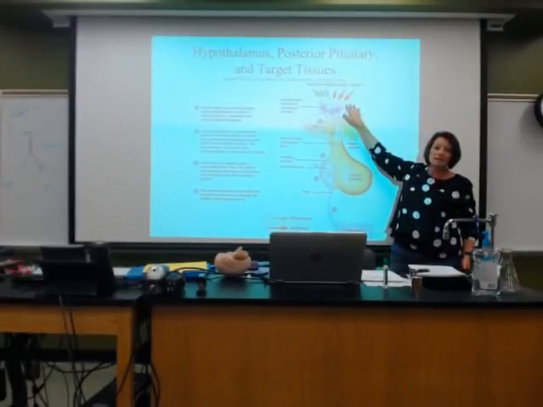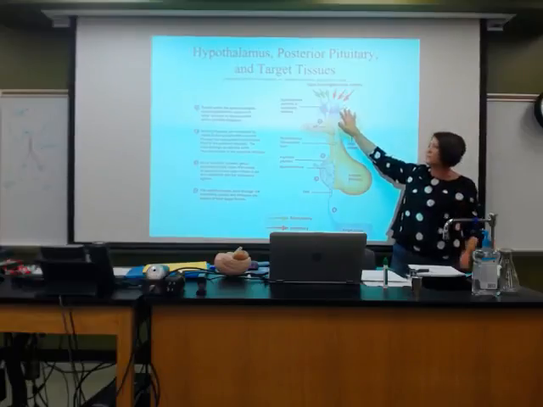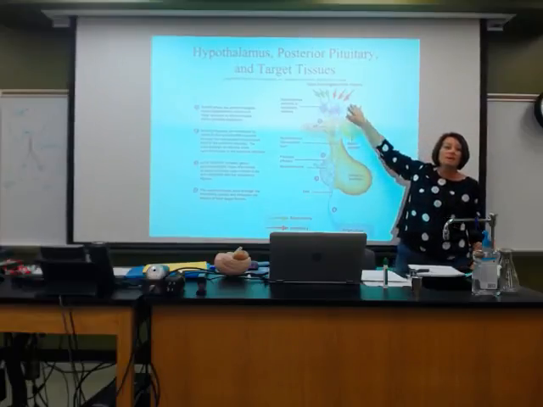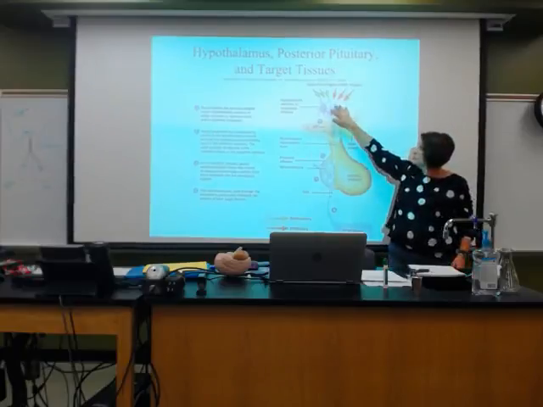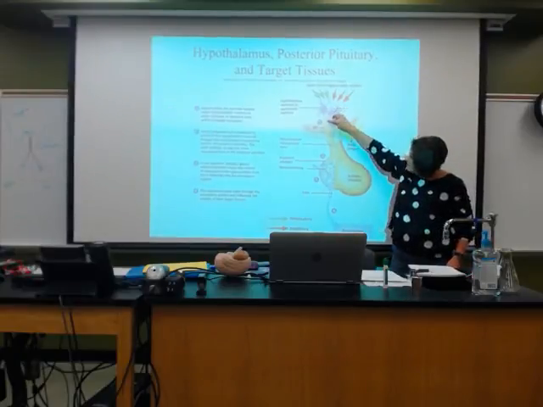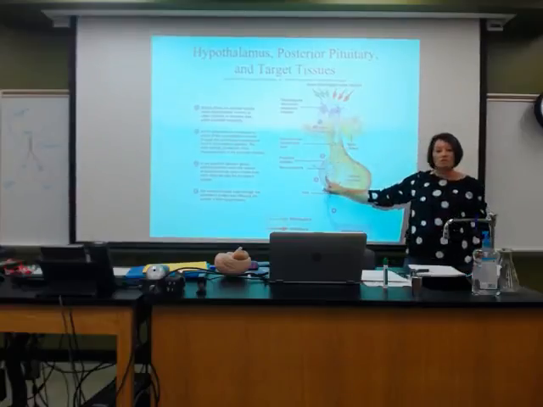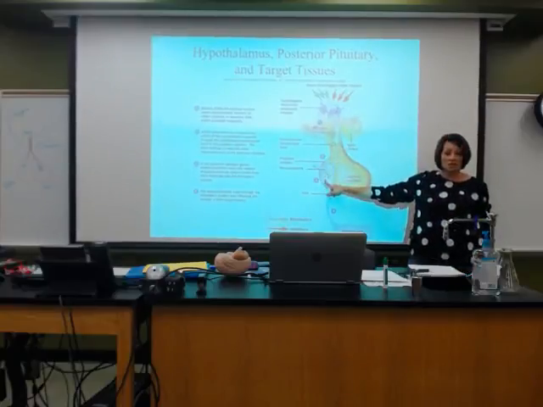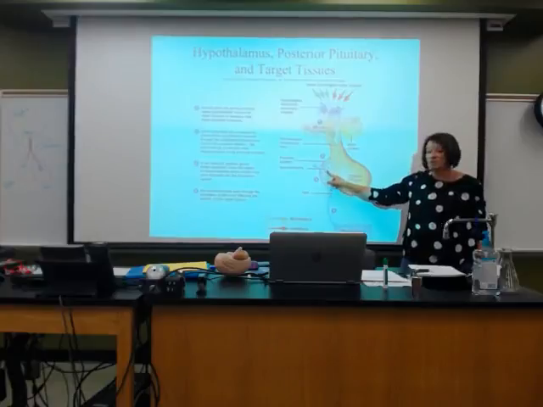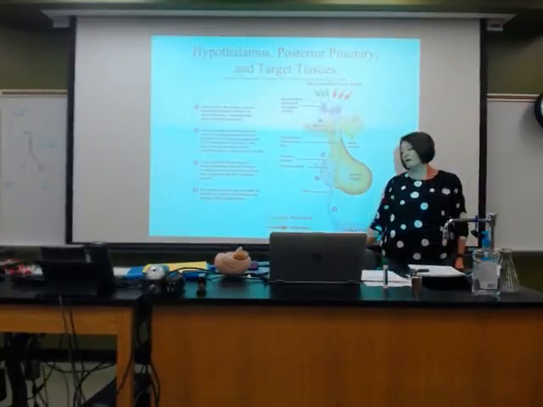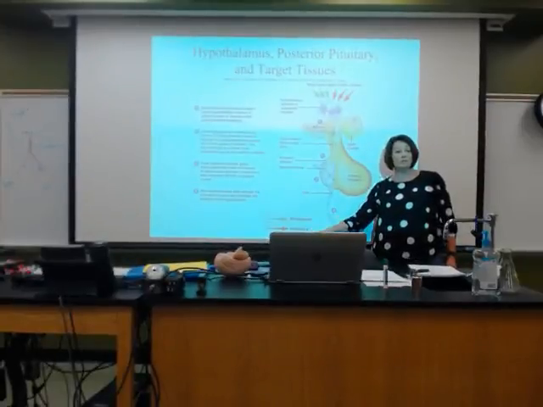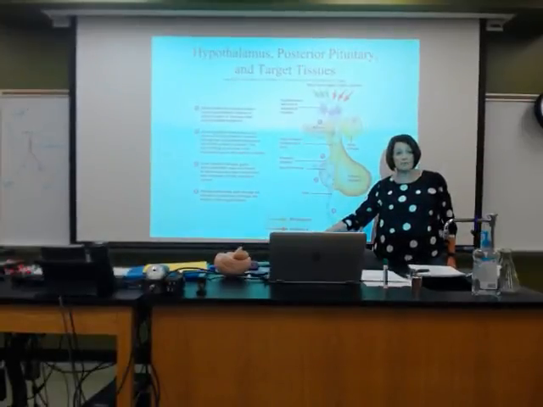Stimulating, releasing, inhibiting. Is everybody with me? Now, we get the synapse. That signal travels to the posterior pituitary, synapses on these cells that are here, depending upon whether it's a stimulating or inhibiting that got released.